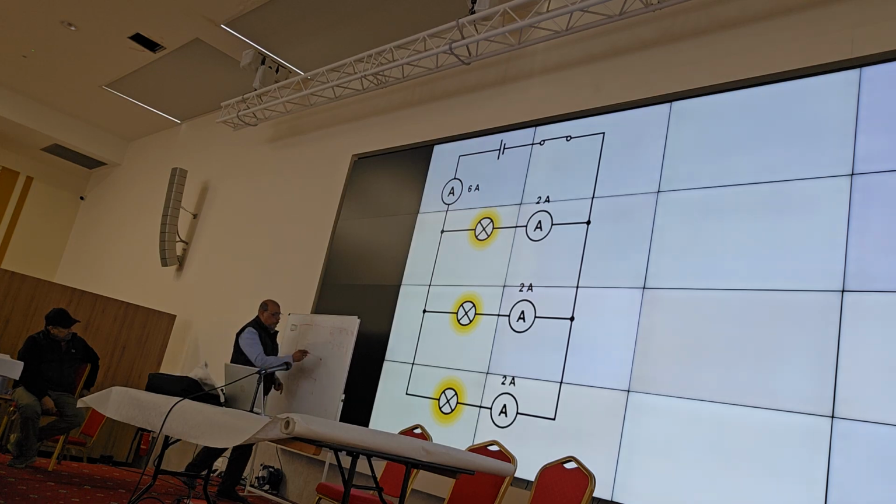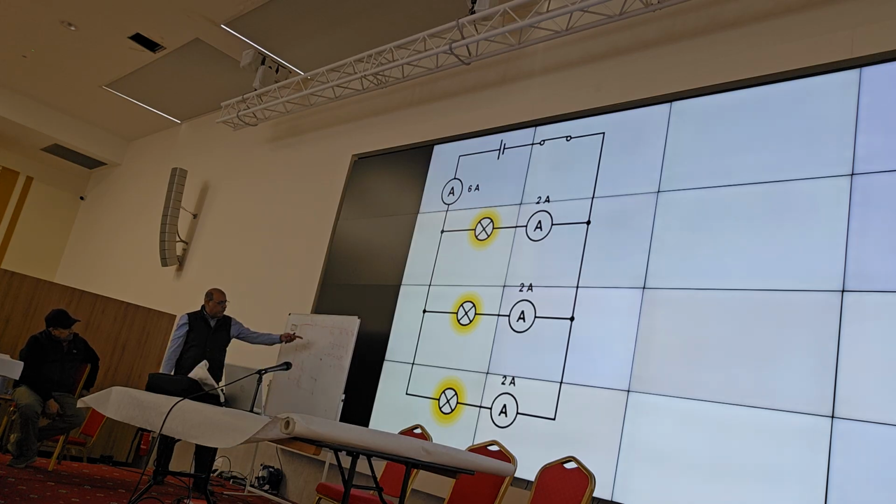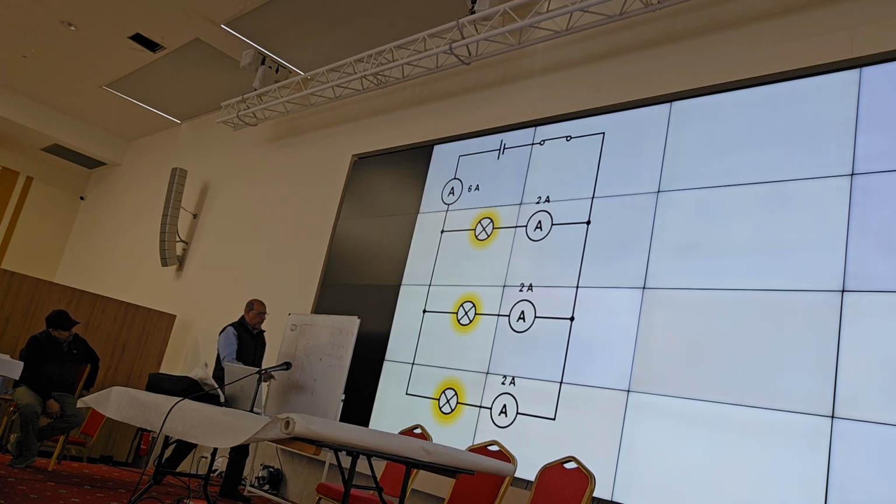What is 1 divided by 2 equal to? 0.5. 1 over 4 equal to 0.25. 1 over 8 equal to 0.125. Add up all these three numbers.